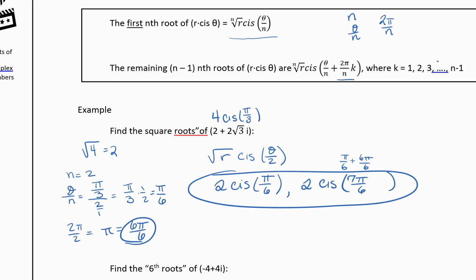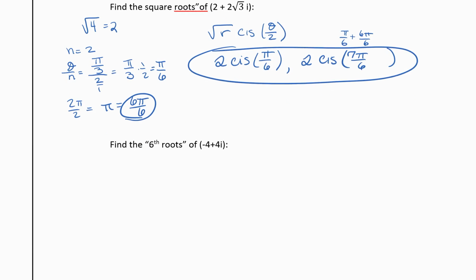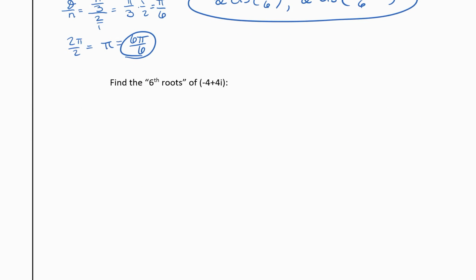Okay, we're going to do another one. It says find the 6th roots. We'll have 6 of them here, of -4 plus 4i. And this is the same as 4 square root of 2 cis of 3 pi over 4. So our n is 6. In all of them, we are going to have the 6th root of 4 square root of 2.